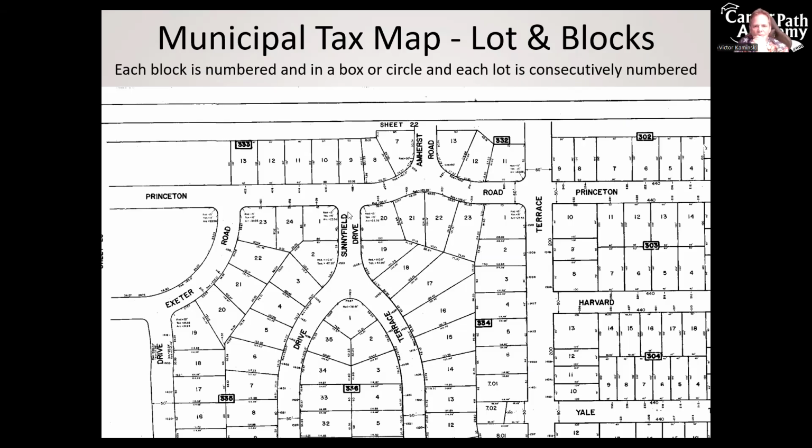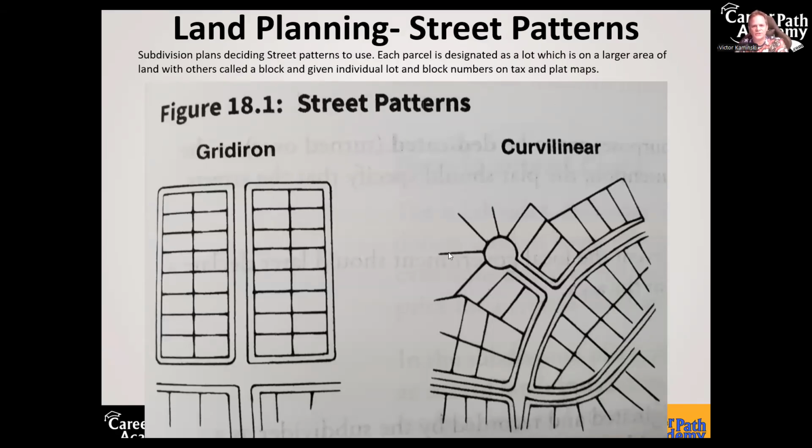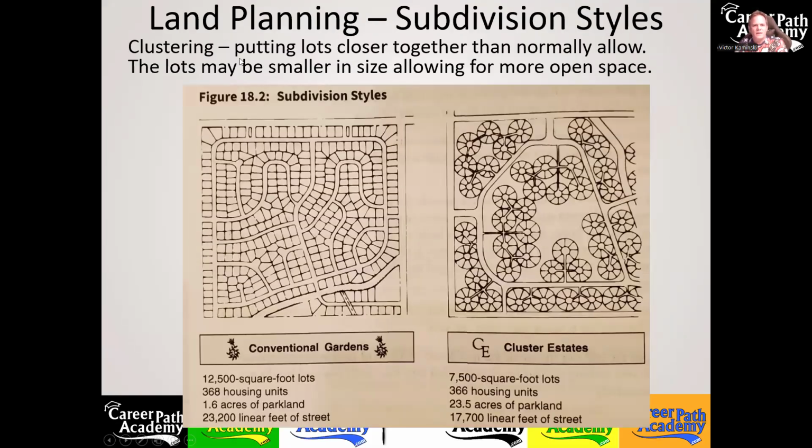All right, so we've got the lot. The developer has to look into land planning for the street patterns, how they're going to lay out the streets in a subdivision, as well as the land planning. Are they going to go with the conventional garden estate for each individual property, or the clustered estates, where each property owner will have a smaller lot but more open space and parkland, as you can see in this picture here?